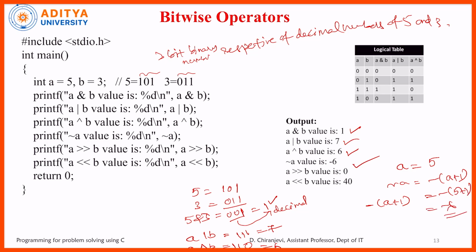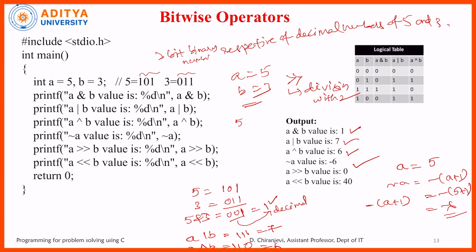Then A right shift B value. So A value I have taken 5, B value I have taken 3. If you are performing A right shift, it means right shift is division with 2, B times.